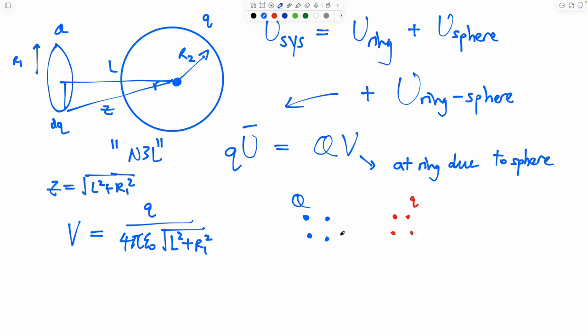There is some finite potential energy due to itself, so I'll call that U ring. And then the small q ones, the ones in the sphere, also interact with themselves, so there's U sphere. But then due to each other, in each other's presence, there will be an extra energy term, which is the interaction between these two, U ring sphere. We are looking at the third one, this interaction between the two right now.